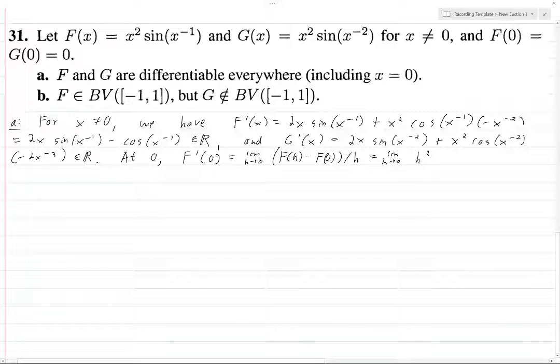That's h squared sine of h inverse, divided by h, but that just cancels with the square, and we get h sine of h inverse. And what is this? Well, we know sine is bounded between minus 1 and 1, and this goes to 0, so this is just going to equal 0. And this, of course, is in R, which means the derivative is defined here.